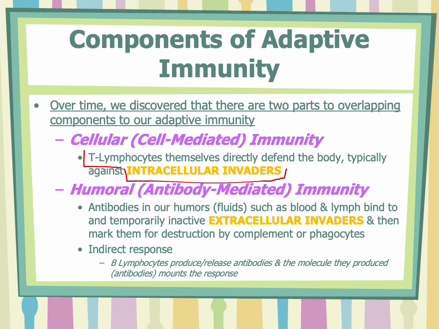Humoral, or antibody-mediated immunity, it's antibodies in our humors or fluids, such as the blood and the lymph, and they can bind temporarily to extracellular invaders and then what? Destroy them by either complement or phagocytes. You're pinning them down, okay? There's also the indirect response. So the B lymphocytes produce and release antibodies, and then they mount a response, okay?